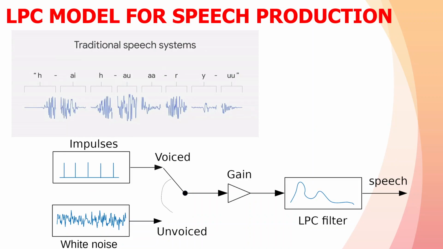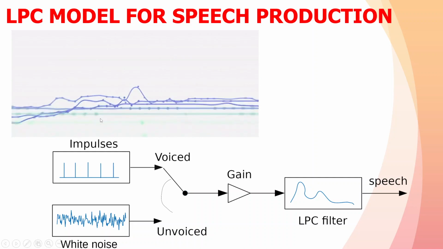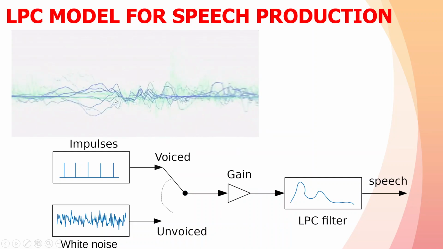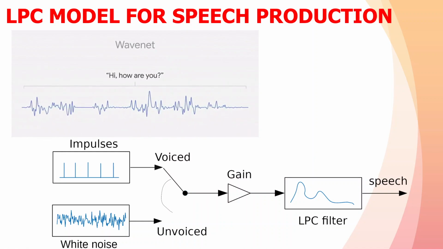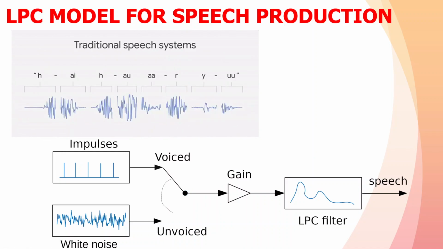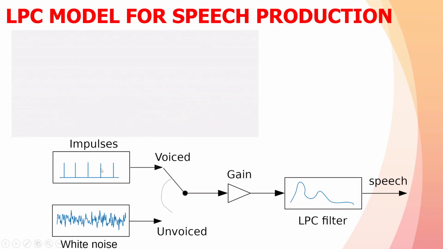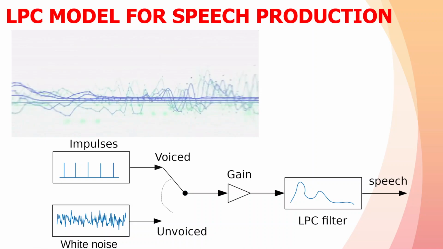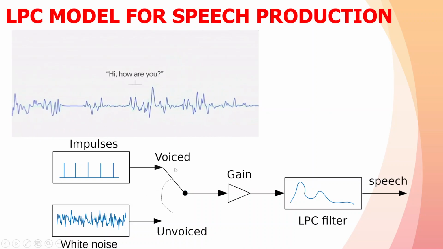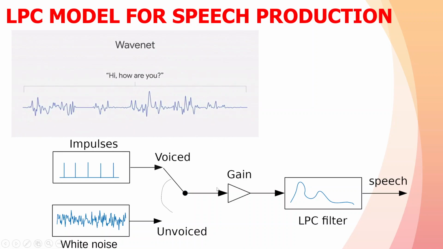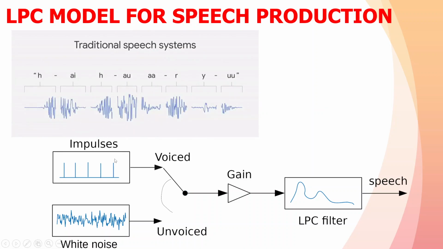So this is a traditional speech system where each and every amplitude will be generated when we excite the vocal tract, and these are the blocks in the LPC model for speech production: impulses and white noise. For voiced signal, the amplifier is excited with impulses.